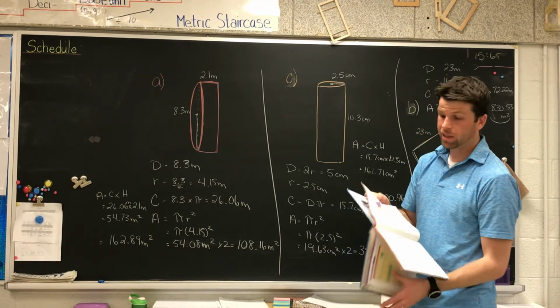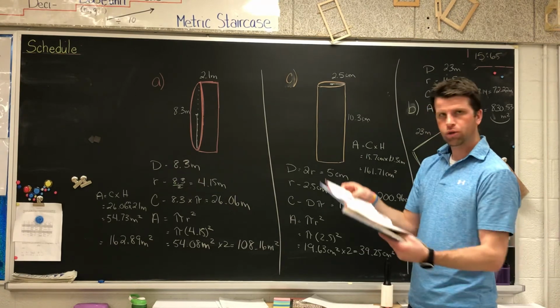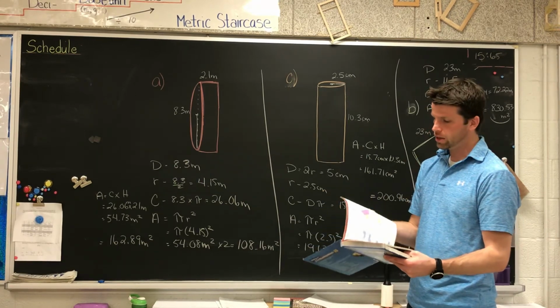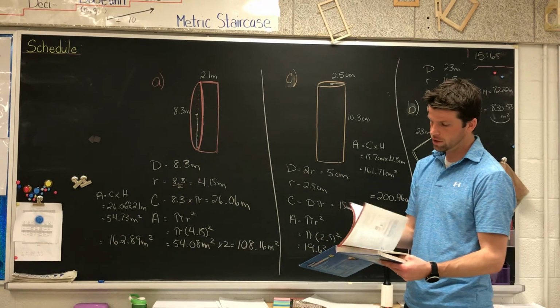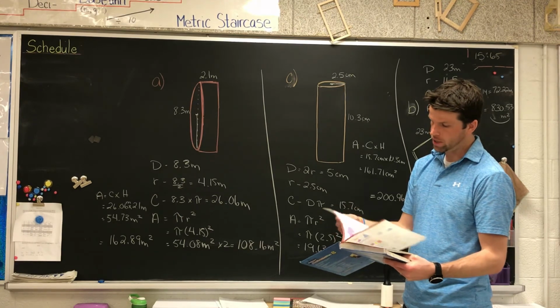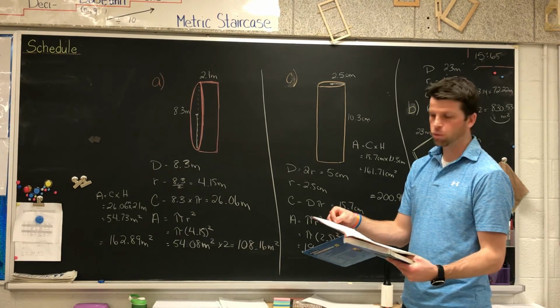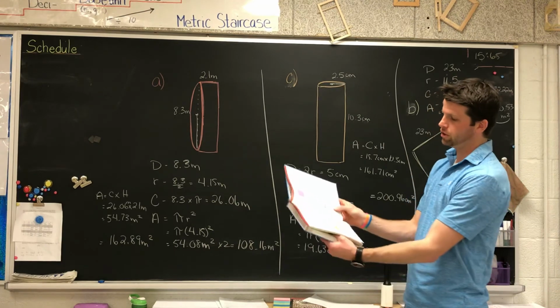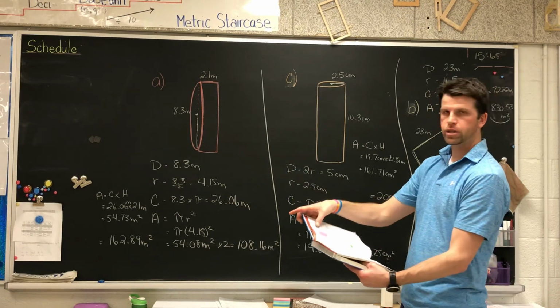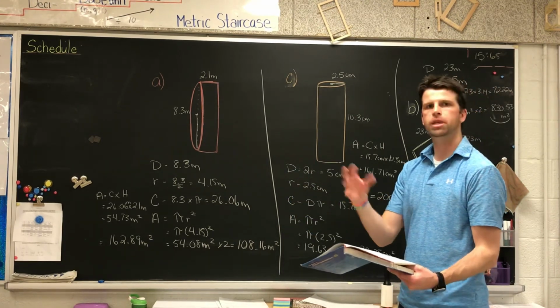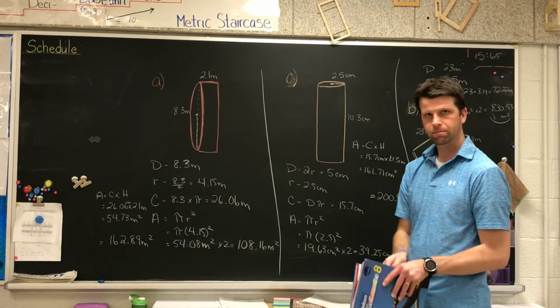And since I'm not marking these, there's no reason to cheat. So if you want to do those questions and then check them, the answers are on page 501. You just need to look for surface area of cylinders, find the question you're doing. It'll tell you an approximate answer because, again, it depends on your rounding. Okay? Good luck.